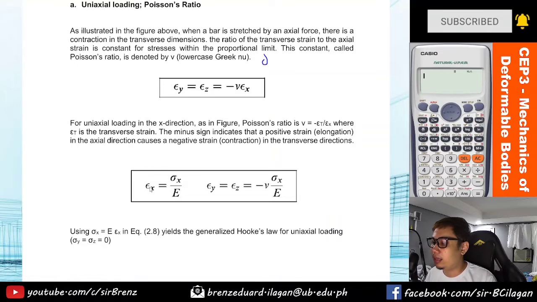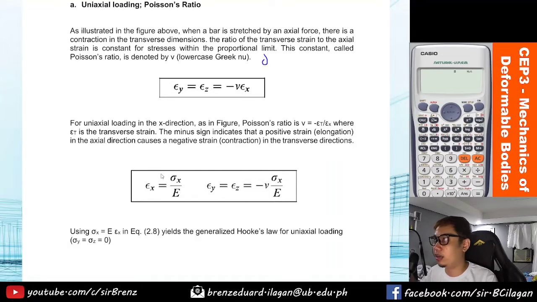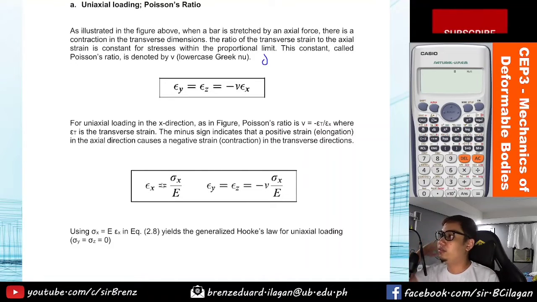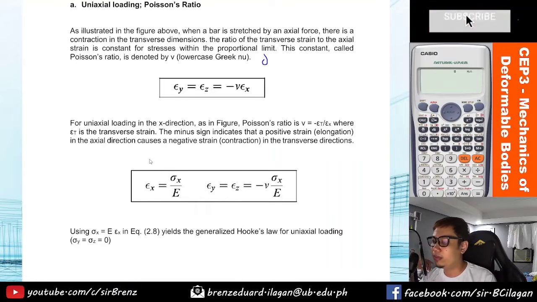Okay, so with that, given here is the formula. The strain in x is equal to the stress in x over E, or the equation will now become this, where you just substituted the relationship. This also comes from the proportional limit, where stress is proportional to strain.